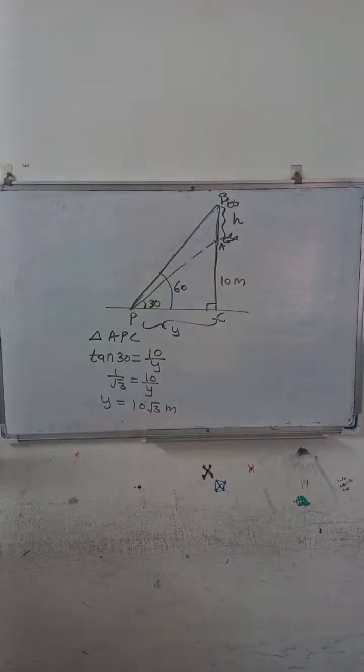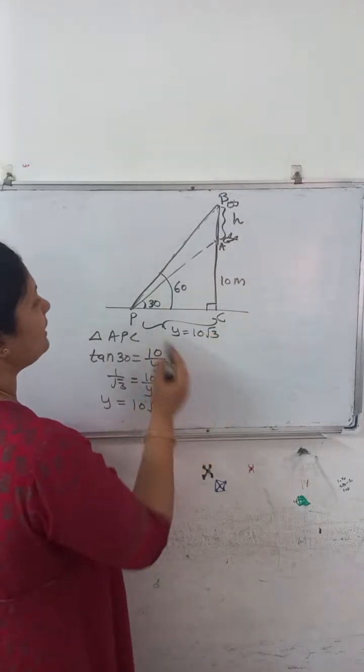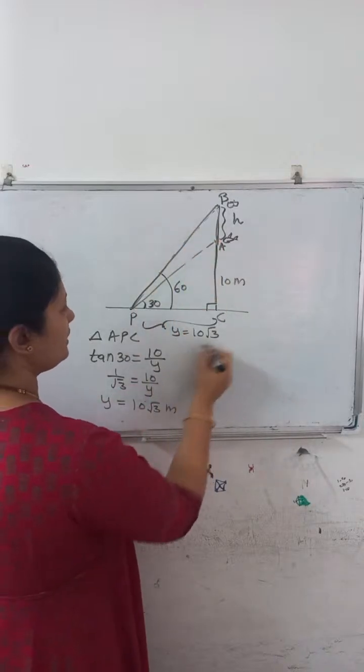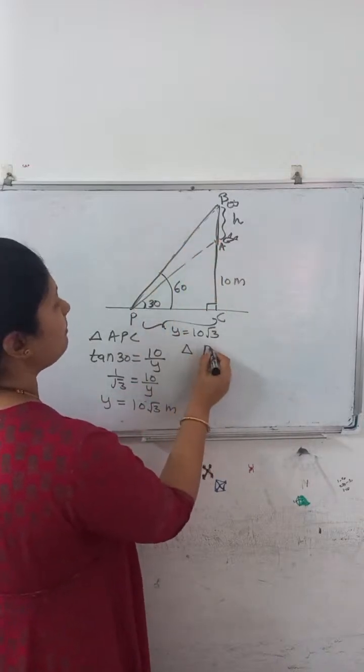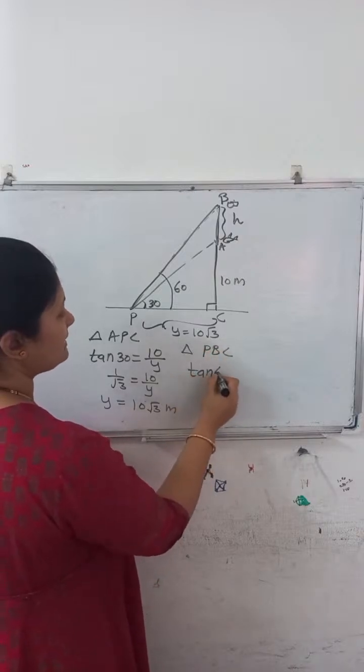Okay. Once you get y equal to 10 root 3, now we are interested in this big triangle. Consider triangle PBC. Again you can apply tan 60.